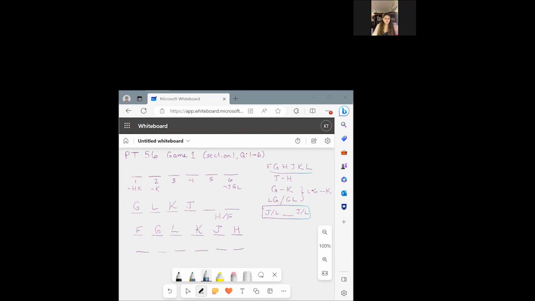Does anyone see it, or should we diagram it? All right, we can diagram it. So L is scheduled to begin at 1. So we start with L there in 1. What do we know from there?